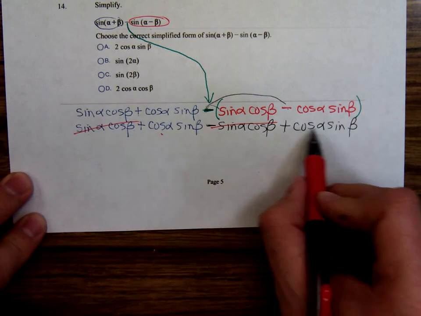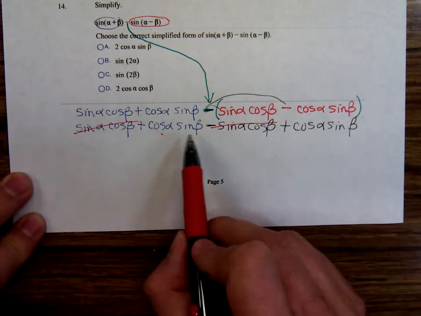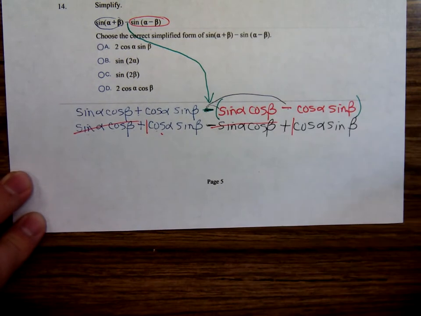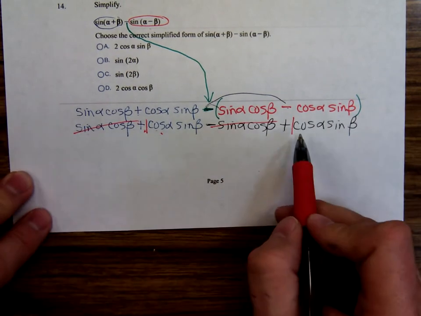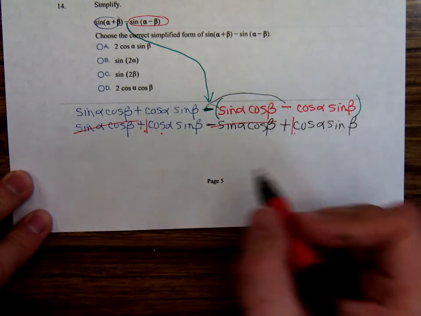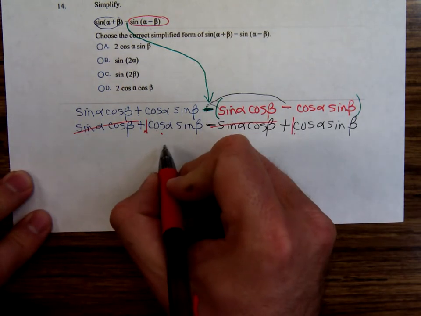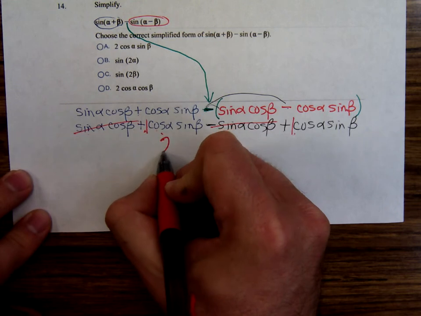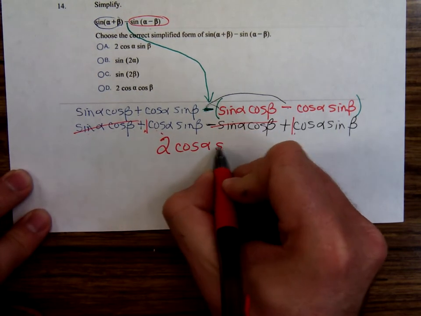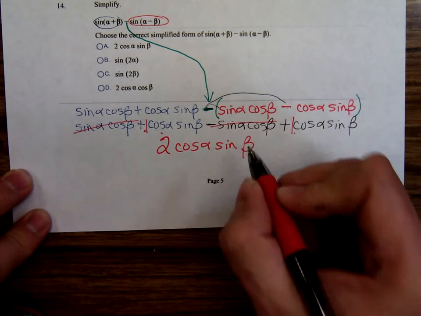Yeah, the variable parts are all the same. Cosine alpha sine beta. To combine them, you just add the numbers in front. There's an understood 1 there. So 1 cosine alpha sine beta plus 1 cosine alpha sine beta, that's going to be 2 cosine alpha sine beta.